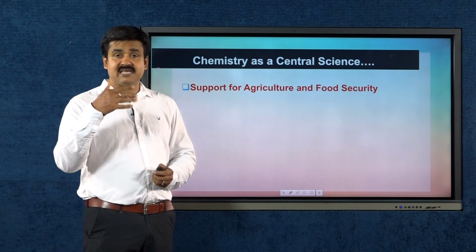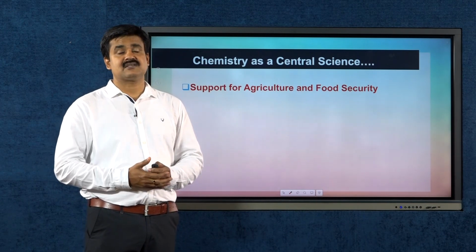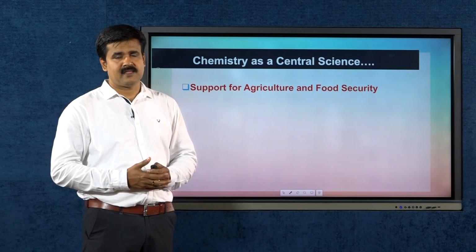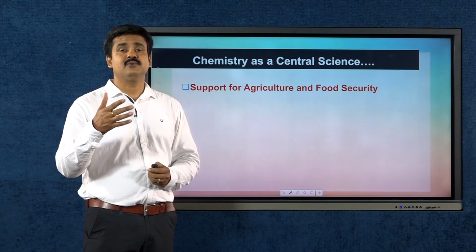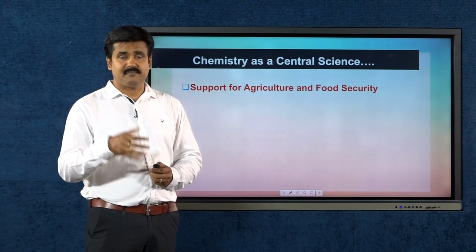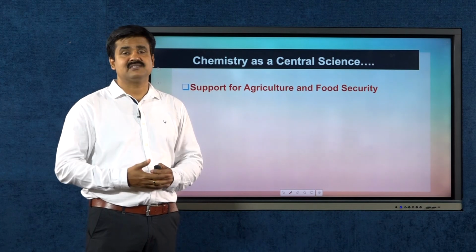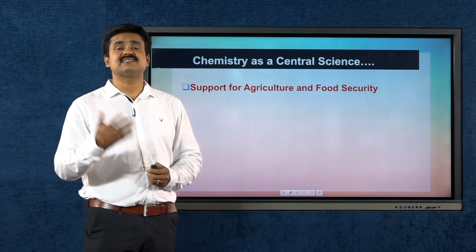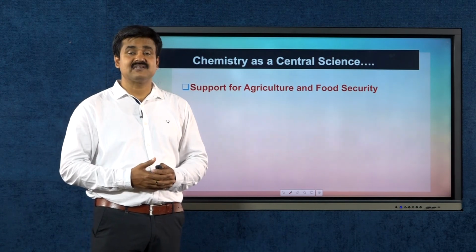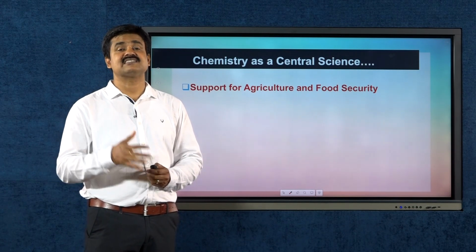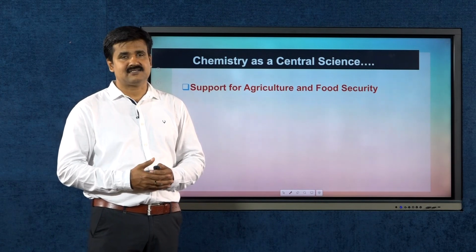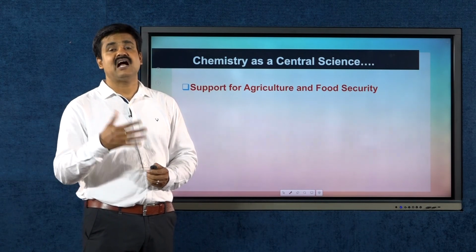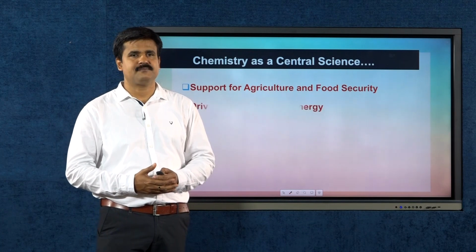Now, chemistry supports agriculture as well as food safety. We are finding new, more effective pesticides and manures which support agriculture production. For food security, we can find so many methods to check whether there is adulteration, contamination, etc. So, chemistry supports agriculture and food safety.